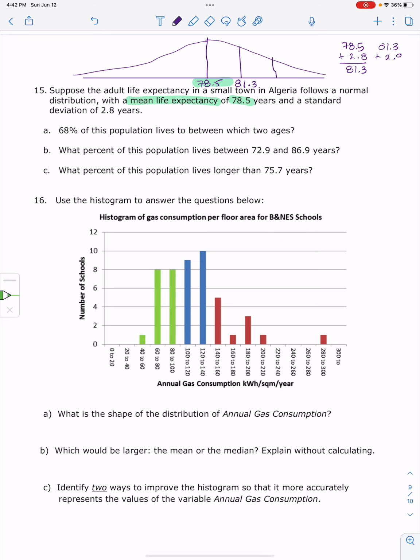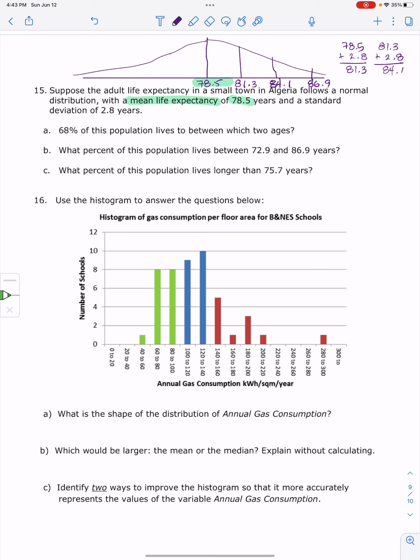We are adding 2.8 again, which gives us an 84.1. And 3 standard deviations out, we add 2.8 again, and we get 86.9.